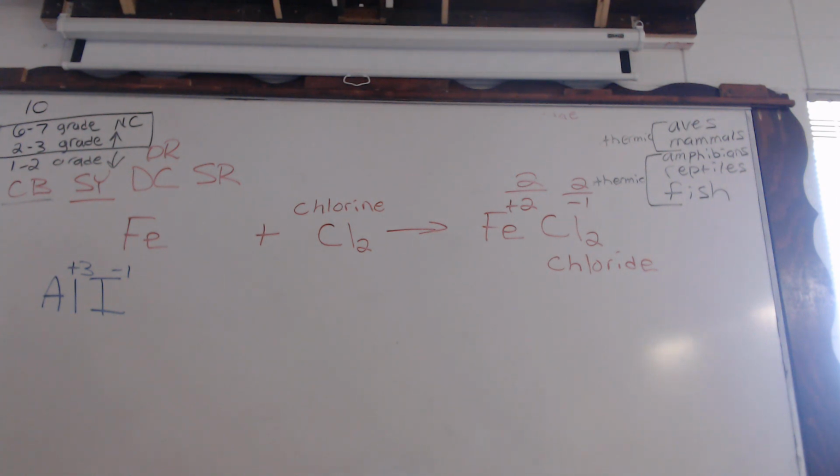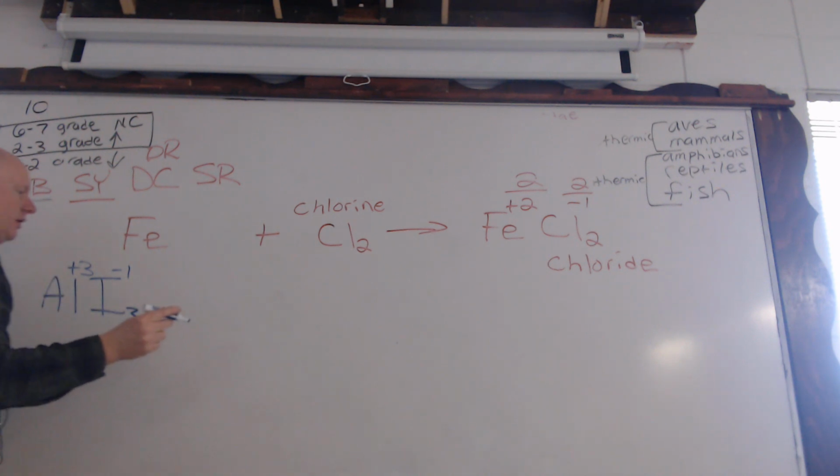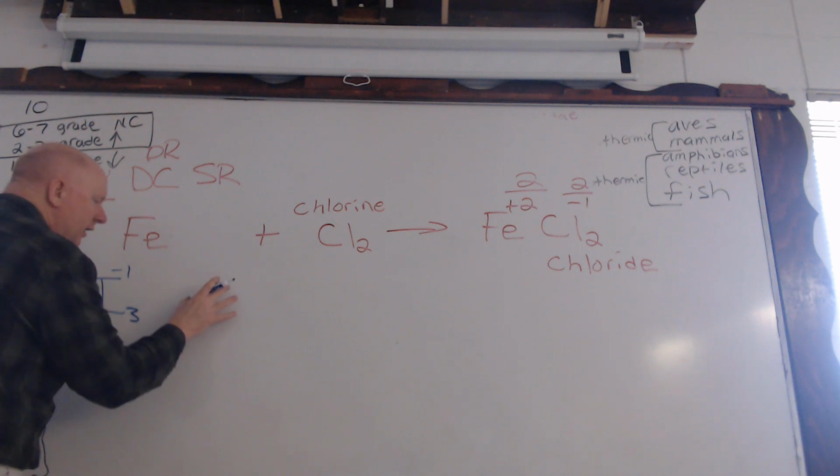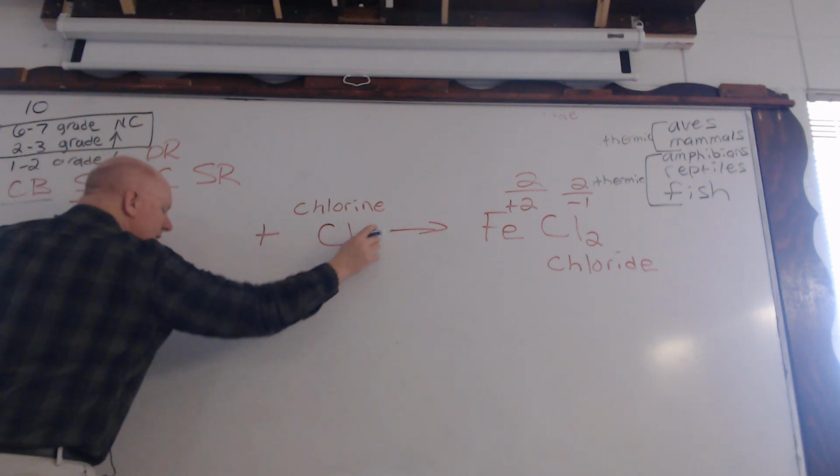Okay? Least common multiple is 3. So, what is 3 divided by 1? 3. What does that mean we got to put here? 3. Okay? What is 3 divided by 3? 1. Do we need to put anything here? No. Okay? So are we adding anything here, or is the arrow next? The arrow. Okay?